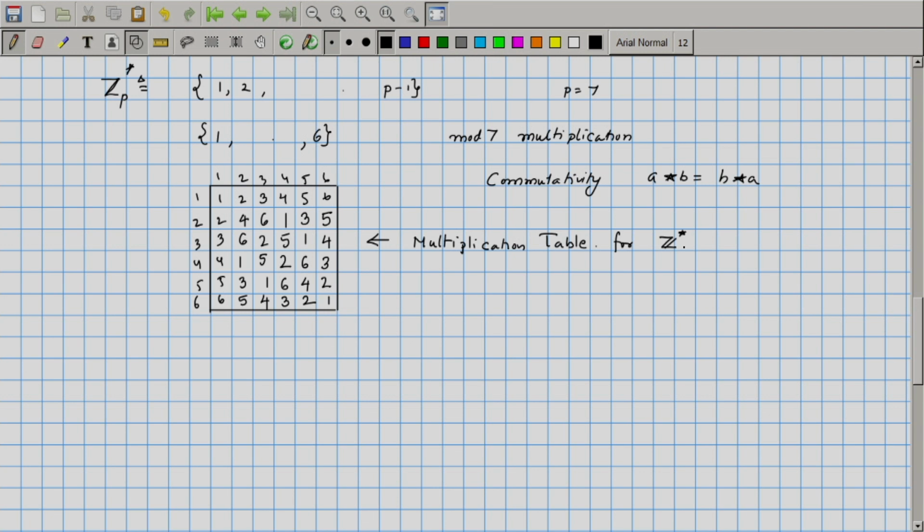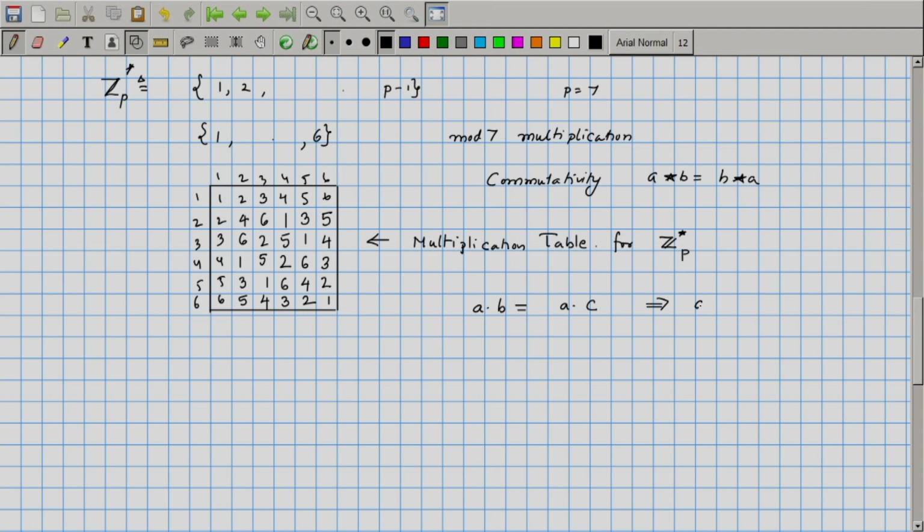Since it is under multiplication, we will write it as Z star P. Now, you can see that this operation has many nice properties. Each row is a permutation of 1 to 6. And we can do multiplication as well as division. That is, if A times B is equal to A times C, we can apply cancellation.